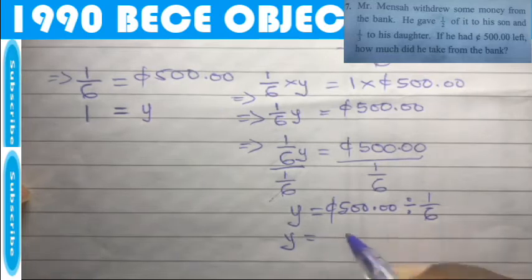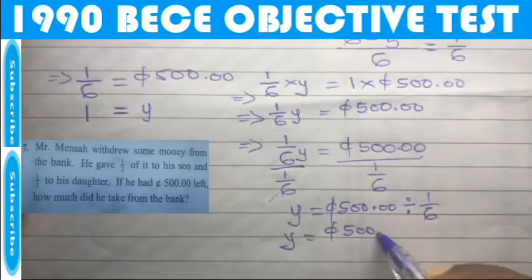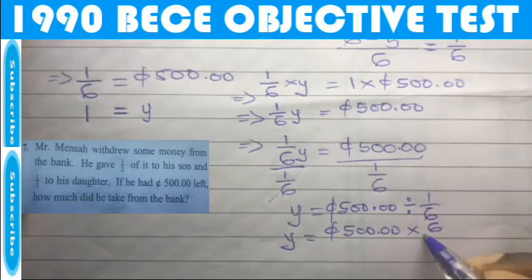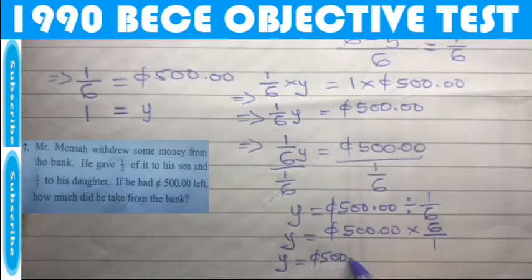So y will be equal to 500 cedis, then multiplied by the reciprocal: the 6 goes up, 1 comes down. So 500 will multiply 6 all over 1. 6 over 1 is the same as 6. So right from here, we have y to be 500 cedis multiplied by 6 over 1, which is 6.